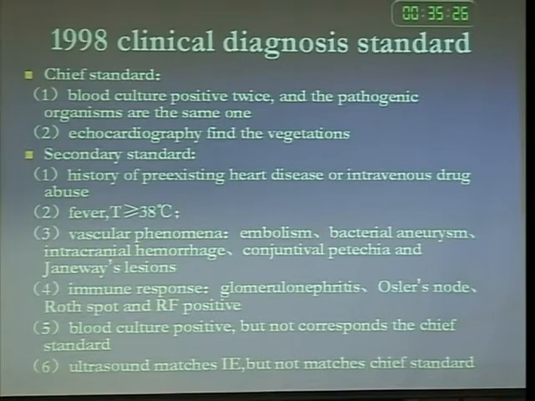As for the blood culture, we need it to define the clinical diagnosis. And the second chief standard is the echocardiograph, finding the vegetations. As I showed in the previous slides, there's a bacterial excrescency deposited on the valvula.